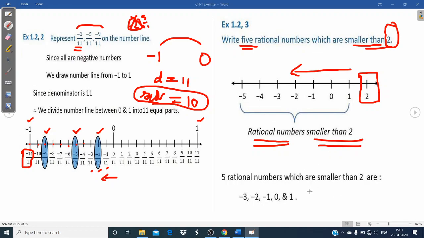So I've written 1, then 0, then -1, then -2, then -3. Now all these are represented in the form of p/q, so you can write them upon 1. So all these are in the form of p/q, and they are the rational numbers which are smaller than 2.